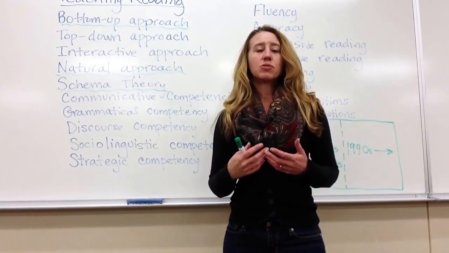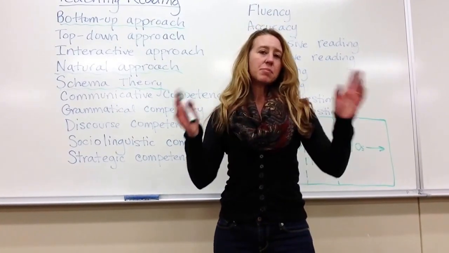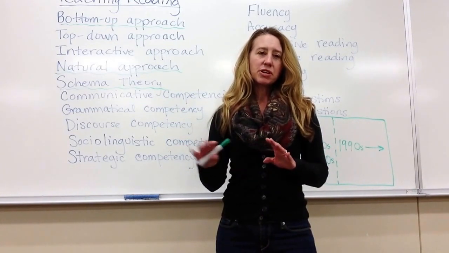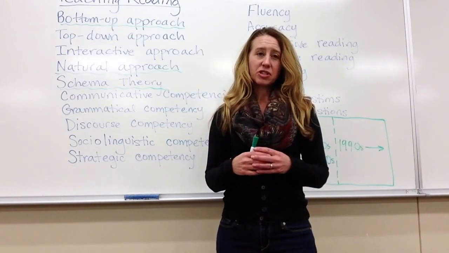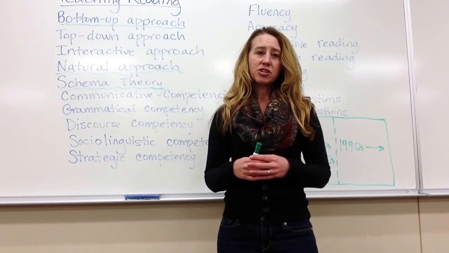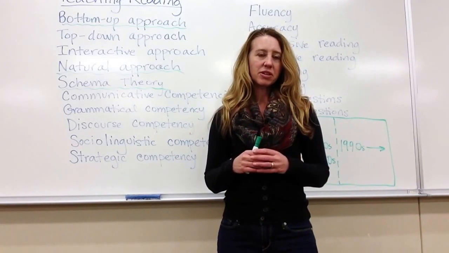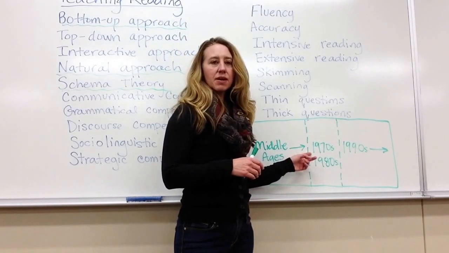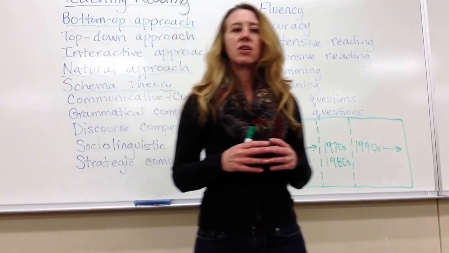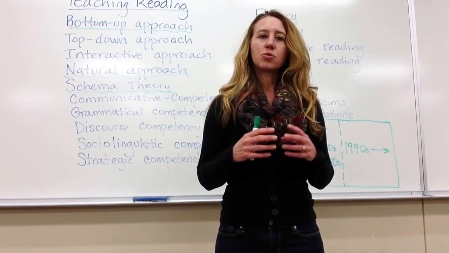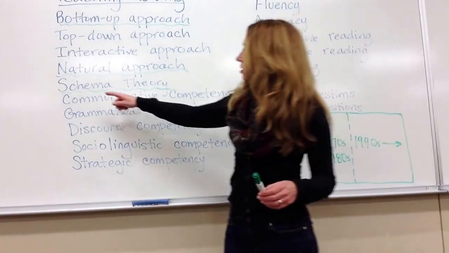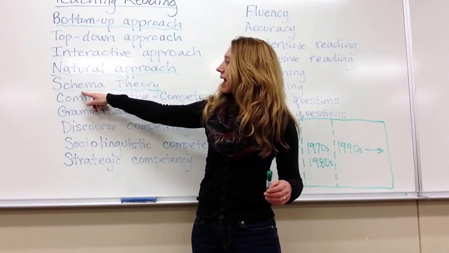It was a theory of how we learn, and it came out in 1932. But it was pretty much, at least for our profession and for the general education profession, ignored until the 1970s.